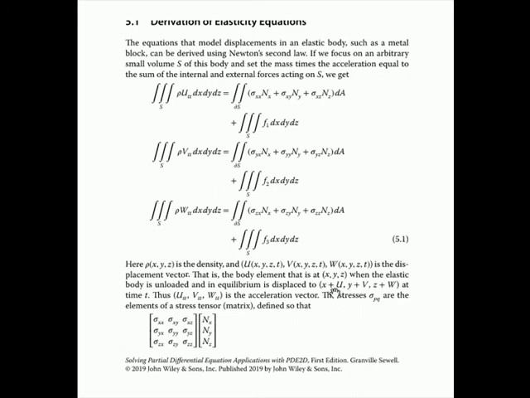That means that's how much the body at the point x, y, z is displaced at a given time. So u, v, w is the displacement vector, and the acceleration would be u_tt, v_tt, w_tt, and you multiply that by the mass per volume, and that will give you the mass times acceleration. And on the right hand side we want to have the three components of the forces.